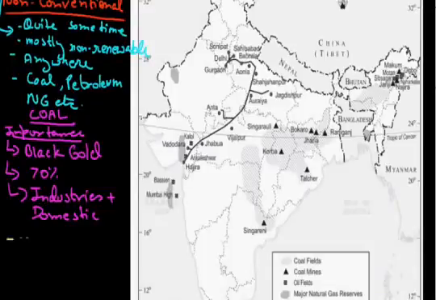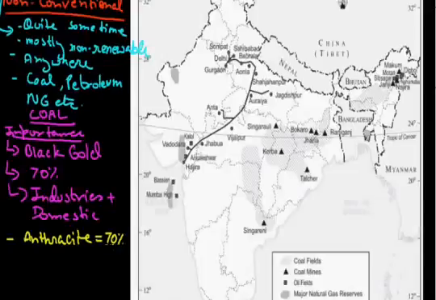This coal is called anthracite, in which 70% carbon is found. That's why we see very little smoke and the color of the flame is blue. This type of coal is used basically for thermal power plants and also in industries.